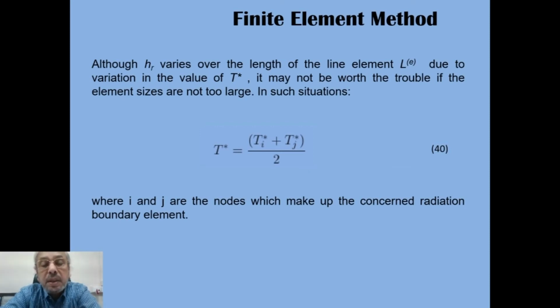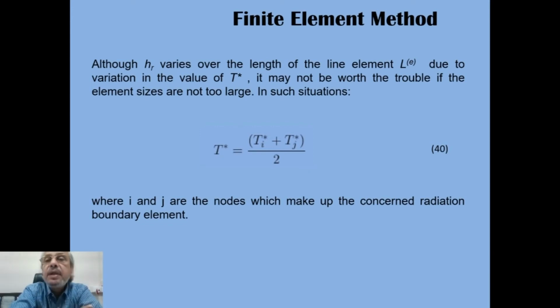So in such a situation, this T star can be taken again as Ti plus Tj by 2, or T1 plus T2, that means at the 2 points on the line segment, divided by 2, and their basic initial temperature, either the initial guess or the way T star is evolving till it becomes T, where i and j are the nodes which make the concerned radiation boundary element.